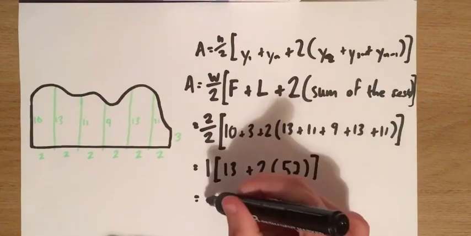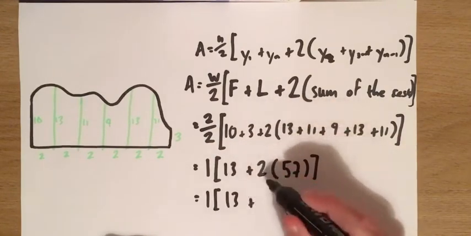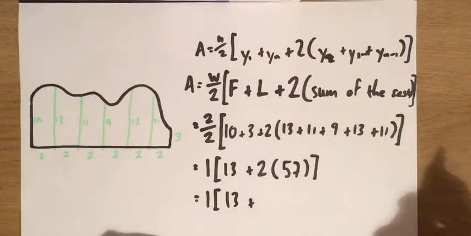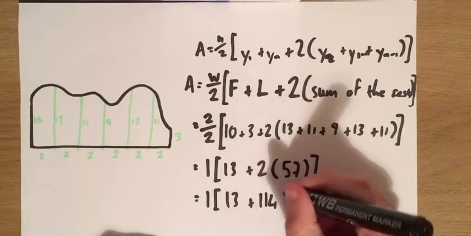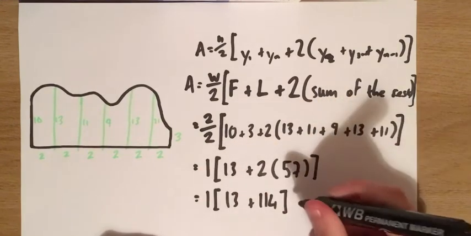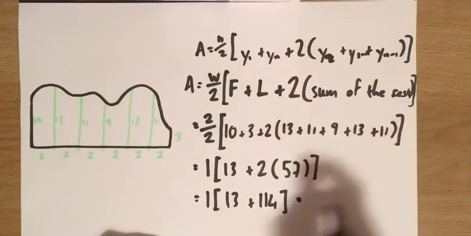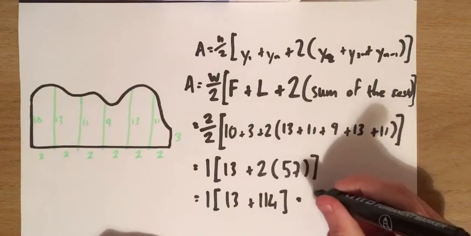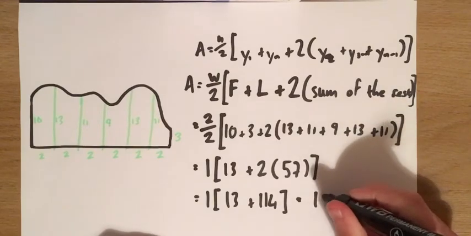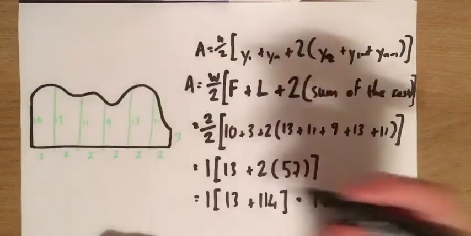So it's equal to 1 times 13 plus 2 times 57 is 114. So just working across the page now, it is equal to 13 plus 114 is 127. Okay, 1 times that. So it is 127.